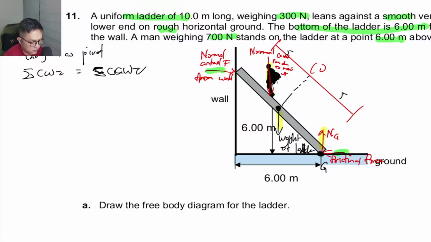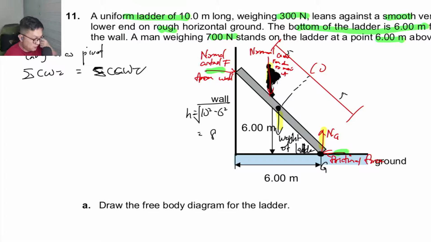Clockwise torque is only given by the normal force from the wall. This force is over here, the pivot is here, so my perpendicular distance is this way. We don't know this height, but it can be obtained from the Pythagoras relationship between these three items. This h here is equal to the square root of 10 squared minus 6 squared. 100 minus 36 is 64, so this is 8.